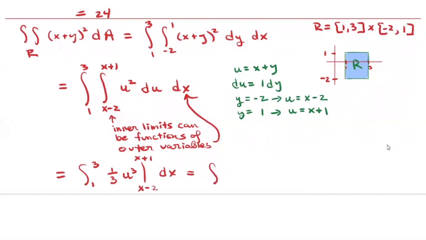So you have an integral from 1 to 3, and I think I'll put the 1/3 out front, and then I'm going to have (x + 1)^3 minus, with the lower limit, (x - 2)^3, and that'll be dx.